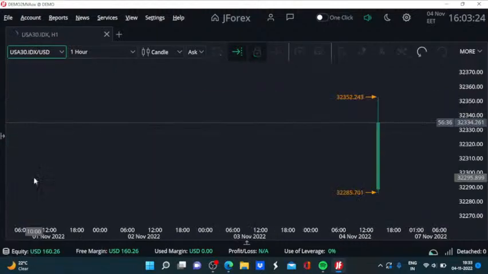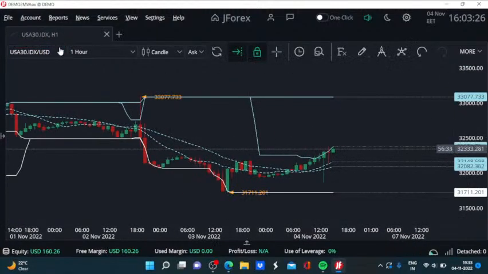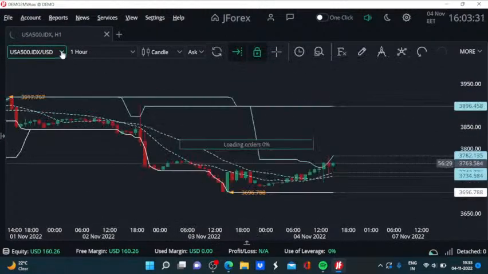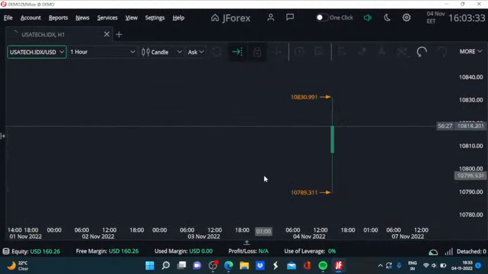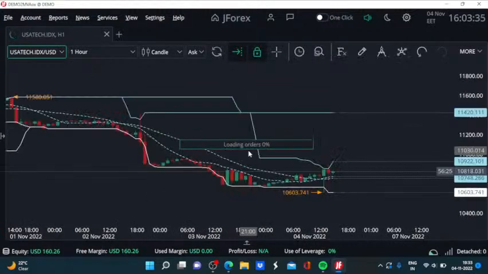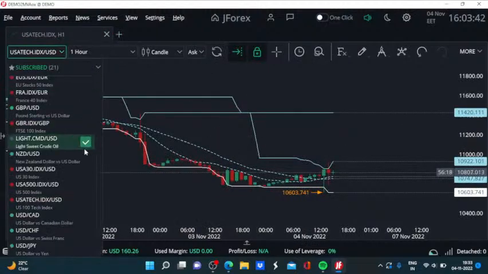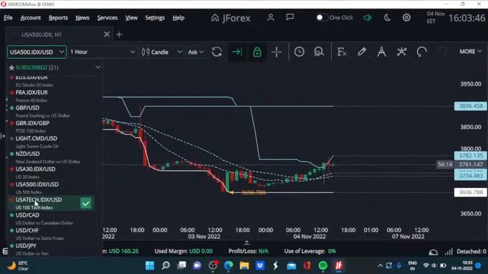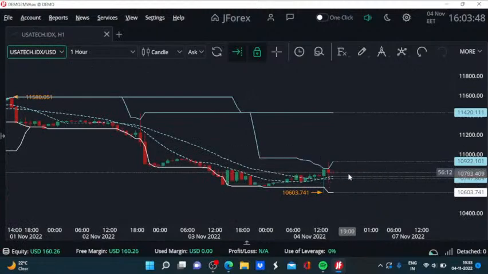So if we have to indeed short, for that the S&P 500, Dow Jones and Nasdaq can be kept an eye on. I'm not saying we should be shorting this, but if you want to go for any short sell trade, then for that the Nasdaq and S&P 500 would be the obvious choice, where we have these price moves which are not much far away from these average prices for last 12 as well as for last 24 hours.